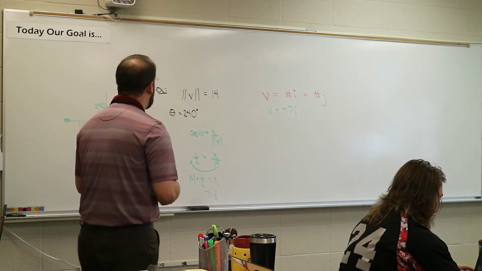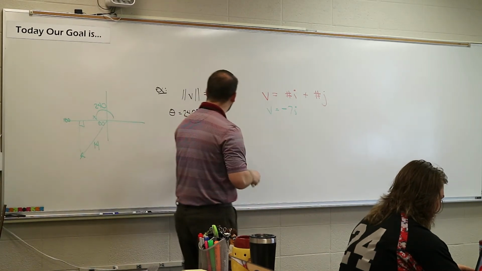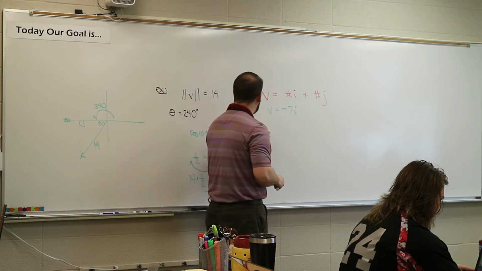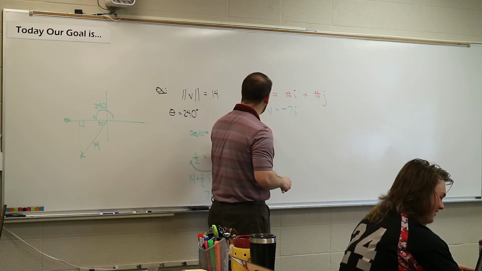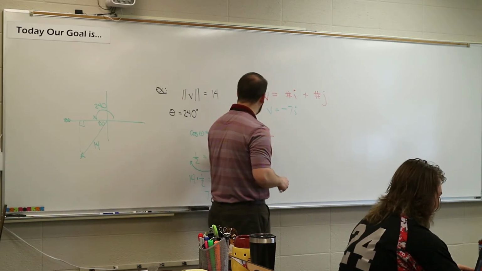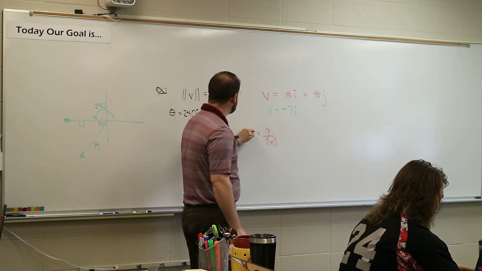Now to figure out the y number, or the j number I should say, you're doing the same thing, but now you're doing sine of your angle. So it's the y component over your hypotenuse, which is in my case the magnitude. Okay, and I'm going to use the same 60.